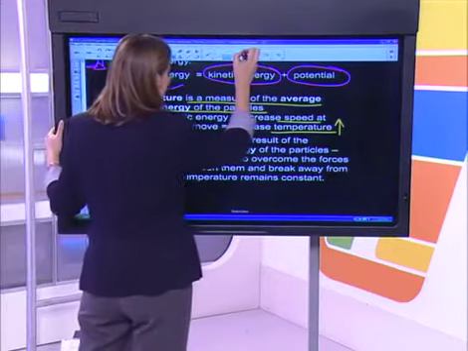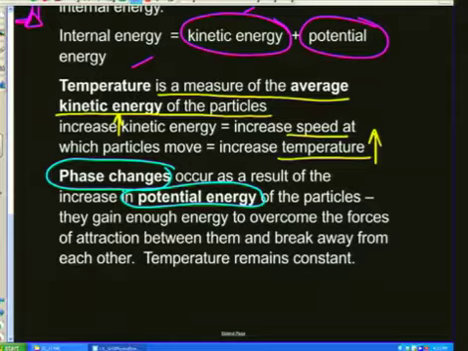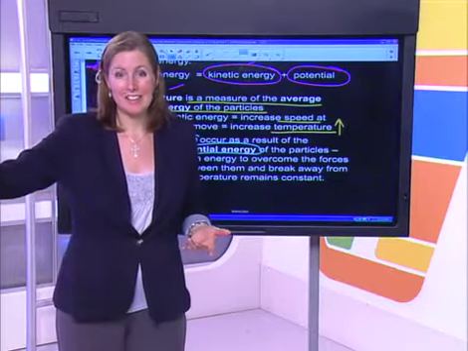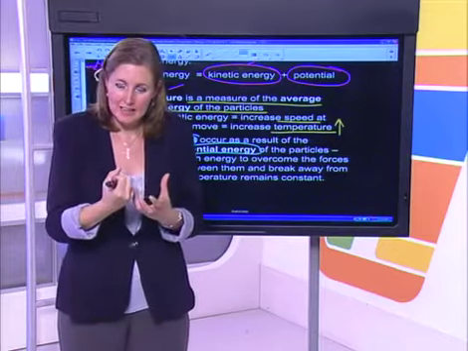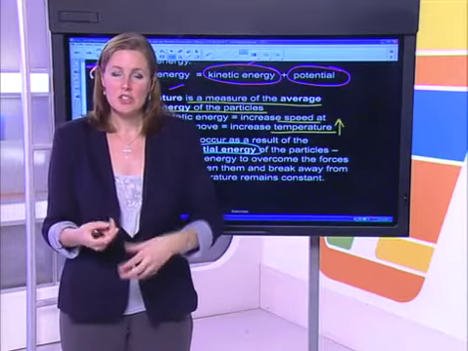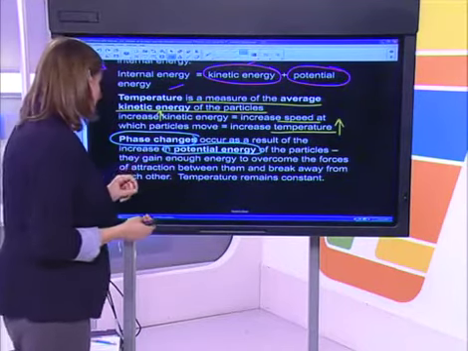Instead, it is undergoing a phase change, which occurs as a result of the increase in potential energy. So no longer are we seeing an increase in kinetic energy, which would be observed as an increase in temperature. Rather, the energy that's taken in is going into a change in the potential energy of those particles.